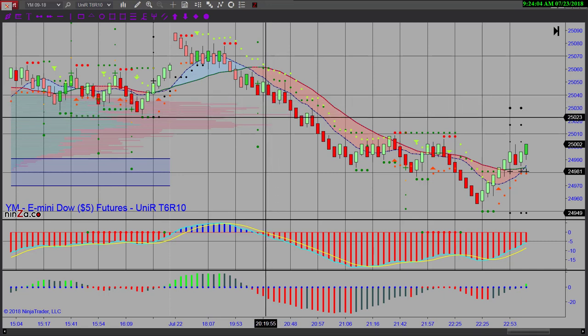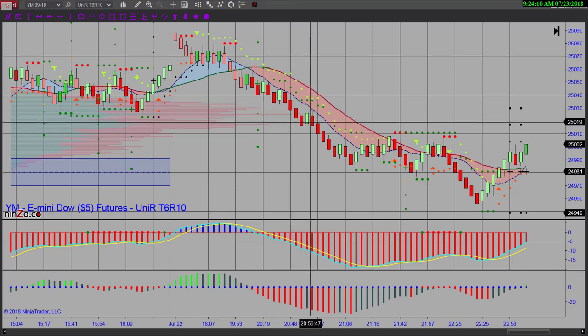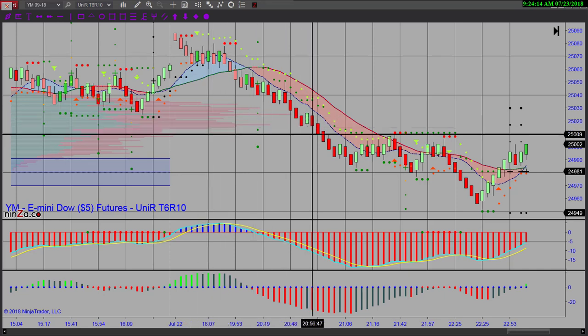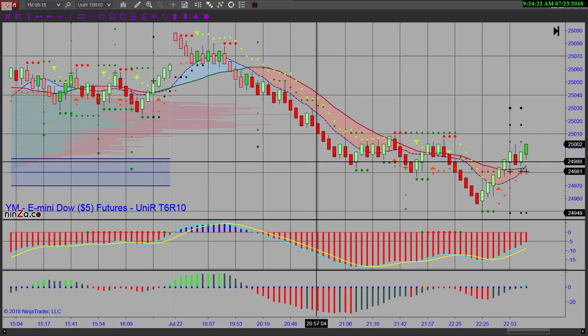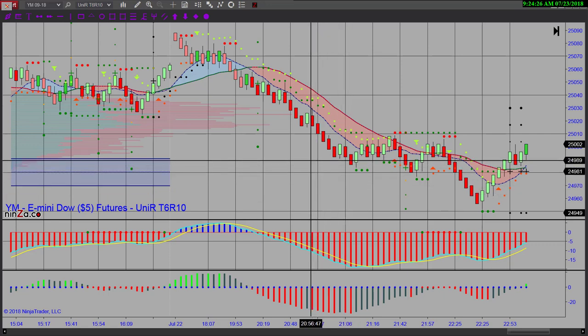A short was definitely set up as we did the stop or pause at the prior lows from Friday, and then we picked up movement to the downside from 25,015 to ultimately much lower, but on this first go round, picked up about 25 ticks, so that wasn't too bad.